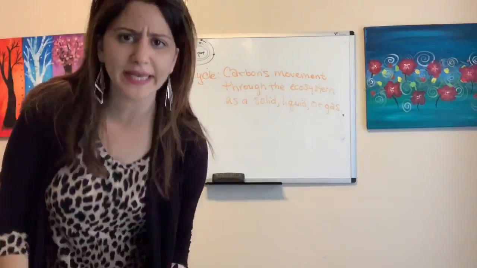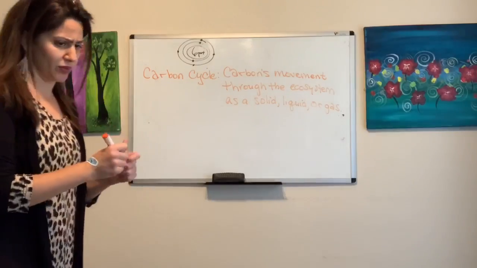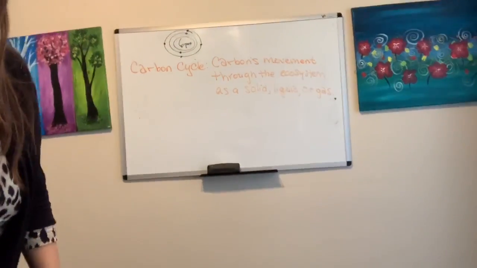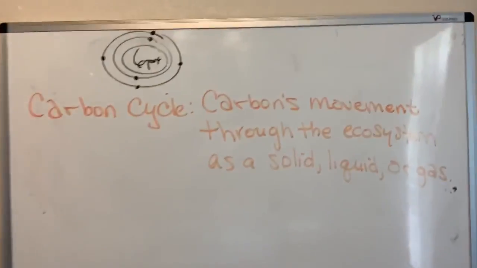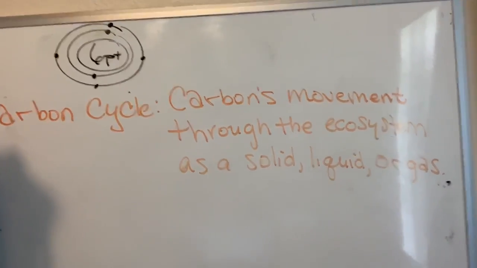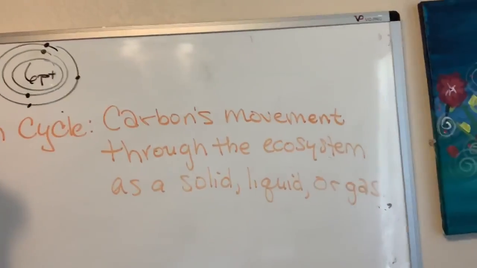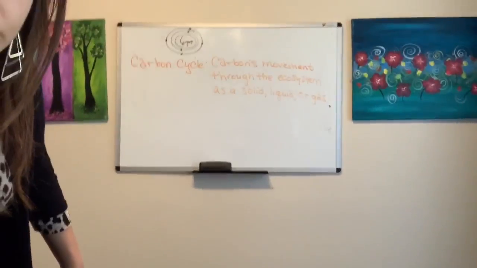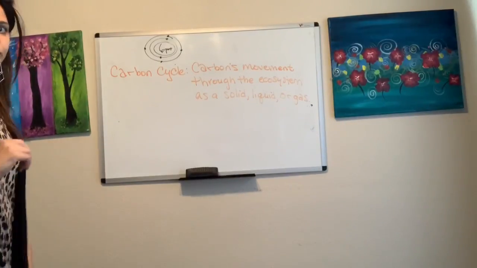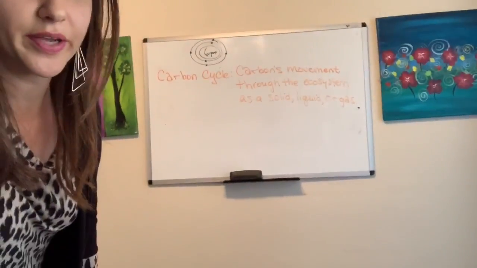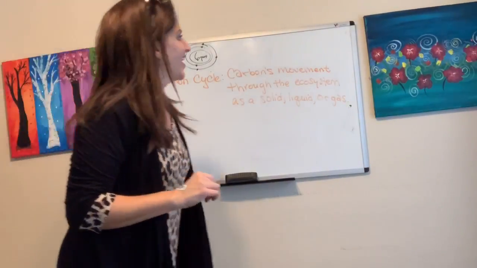So the carbon cycle, hopefully you guys can see this. Oh, I think this marker might be a little light. I'll bring the camera a little bit closer so you guys can write this down. So the carbon cycle is carbon's movement through the ecosystem as a solid, a liquid, or a gas. Okay, there you go.